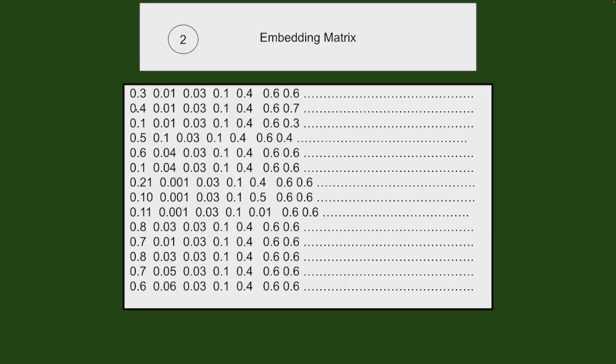Think of the token ID as an index to each of these rows. Now you may ask me how many rows there are. I'm giving you a hint.